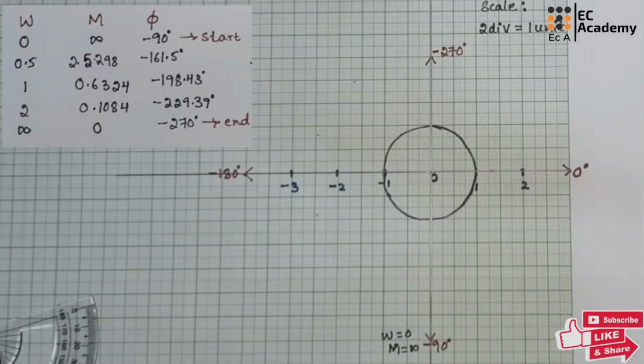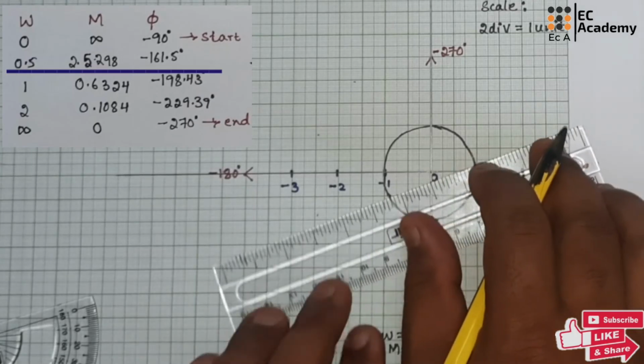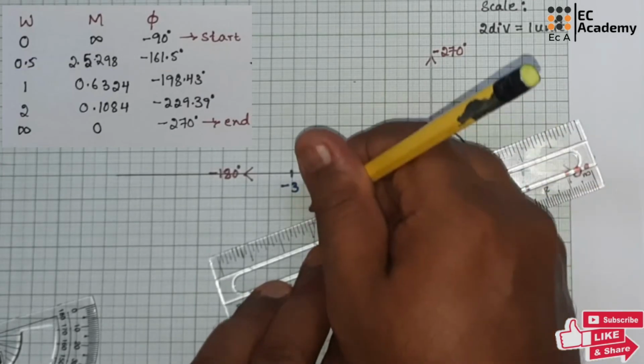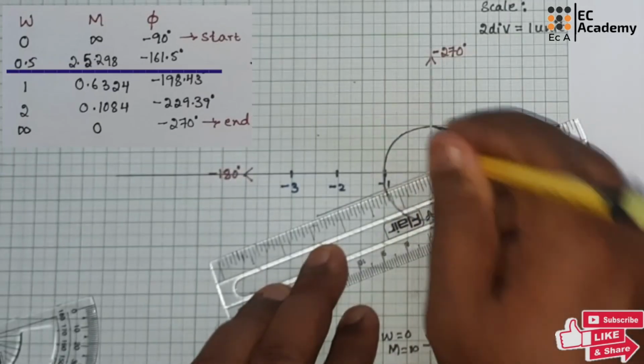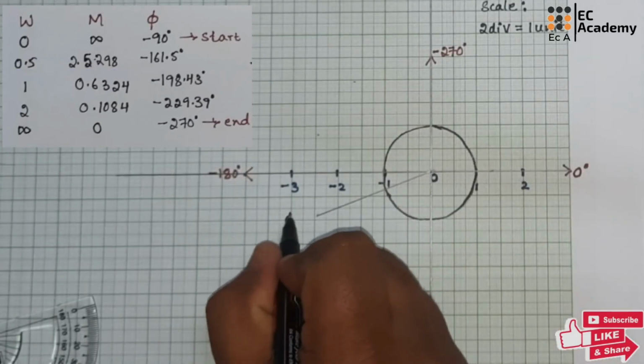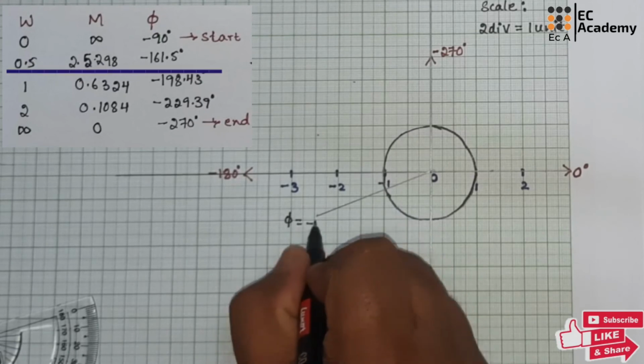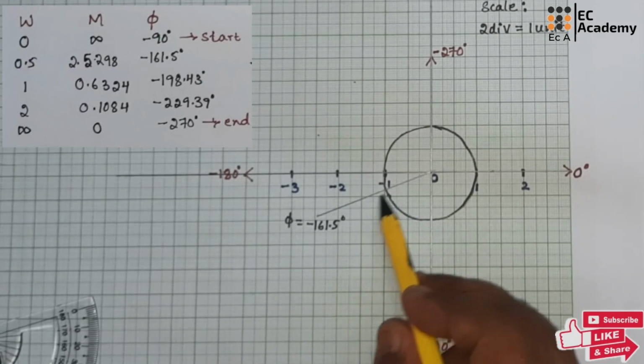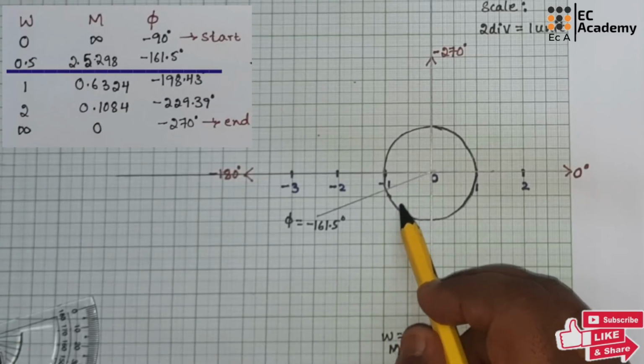For this we need to draw a straight line from the origin. This phase is equal to minus 161.5 degree, and for this phase the magnitude is 2.529.